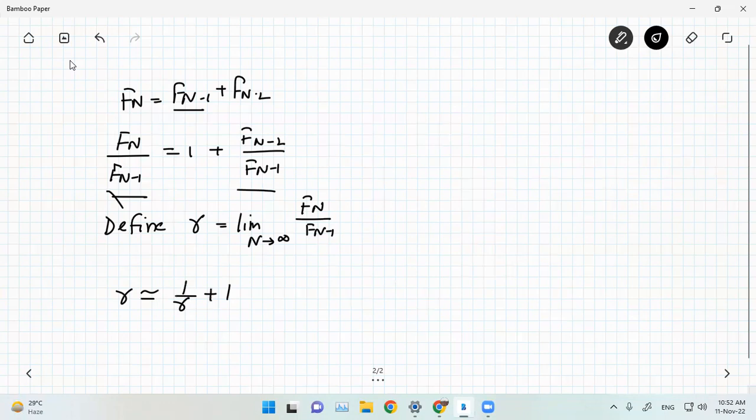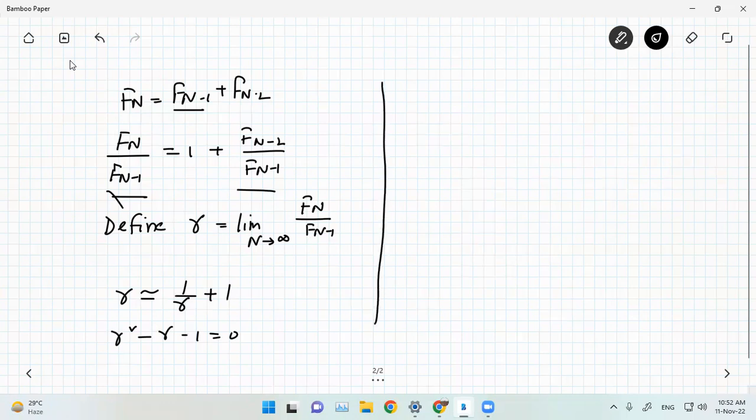If you simplify that, there will be gamma square minus gamma minus 1 equal to 0.